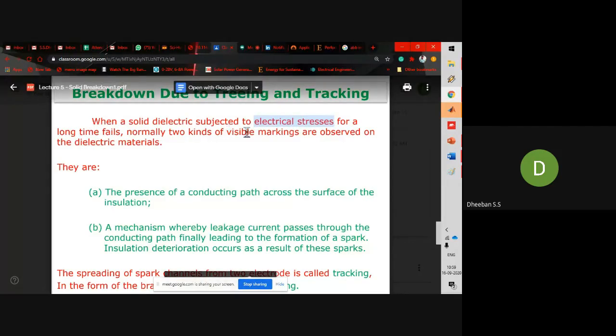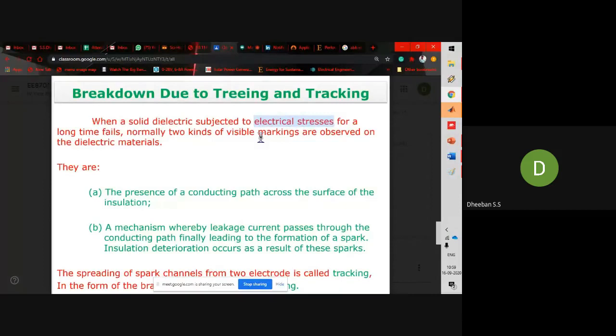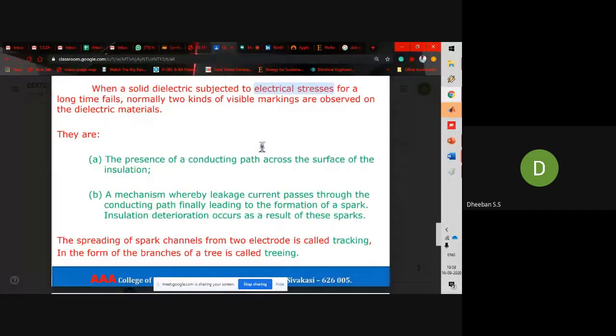Normally, two kinds of visible markings are observed. That is, the observation will be of two kinds. The first one is the presence of a conducting path across the surface of the insulation. So there might be some conduction path over the surface. The second one is a mechanism whereby leakage current passes through the conducting path.